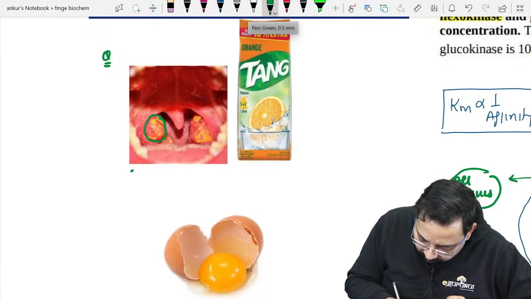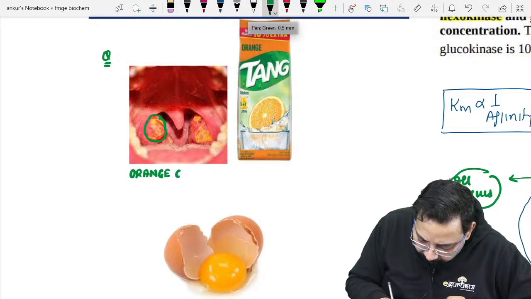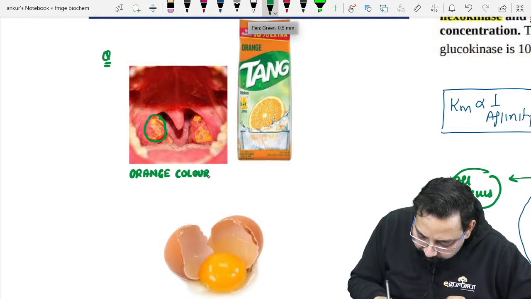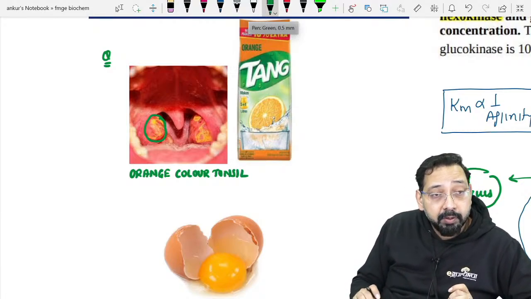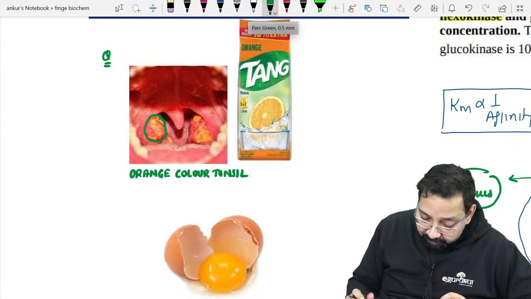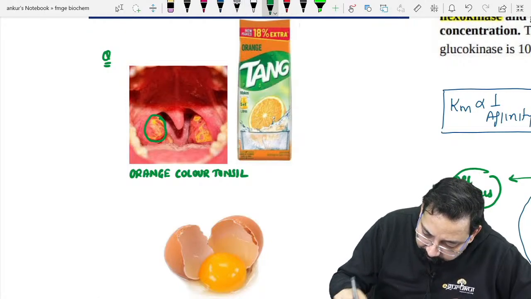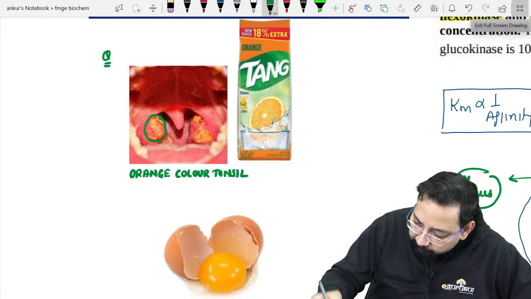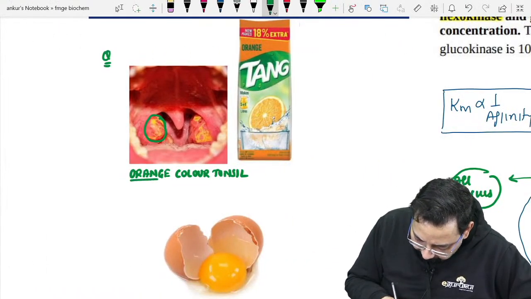They asked, orange color hypertrophic tonsil is pathognomonic of which disease? And the answer was Tangier disease.